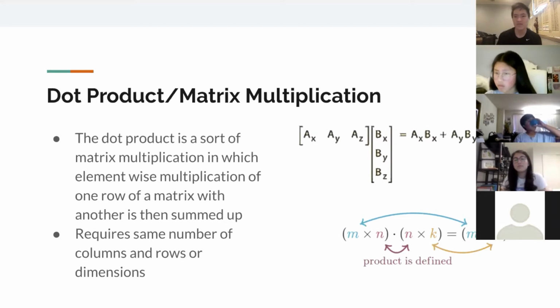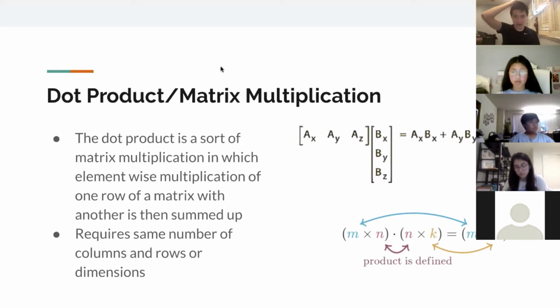So you have the vector ax, ay, az dotted with bx, by, bz. What does this give? You multiply ax by bx, then you add that to ay times by, then you add that to az times bz, right? And that gives you a dot b. It's a single value, right?